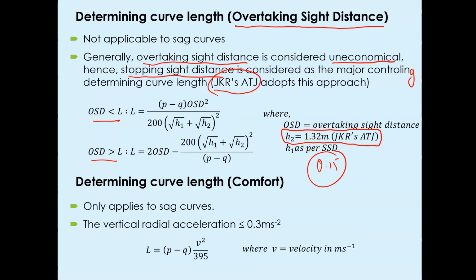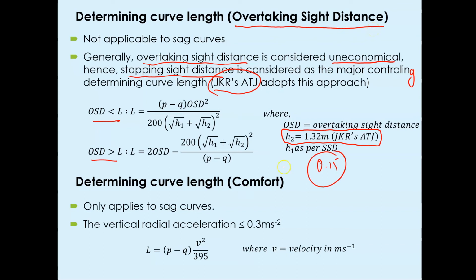Now it's 1.35 simply because when we're overtaking, we want to see a vehicle coming towards us normally at a greater distance. So that's why H2 is higher. That's if you're taking overtaking sight distance as the controlling factor.